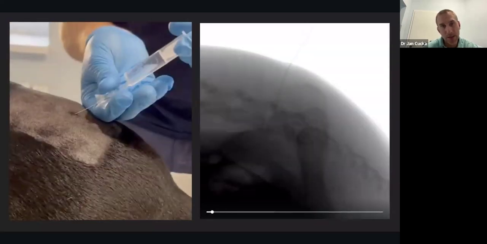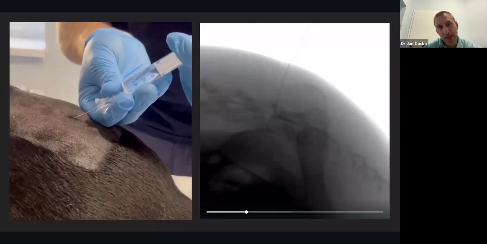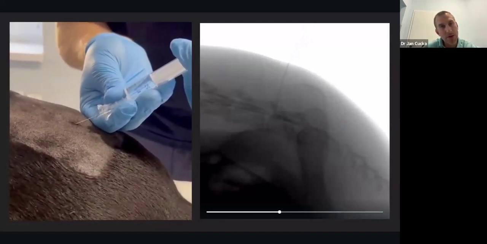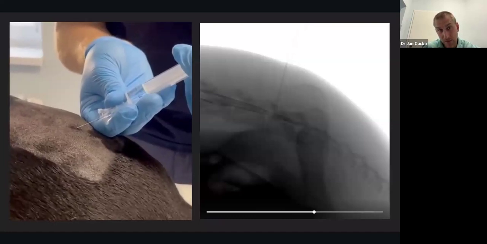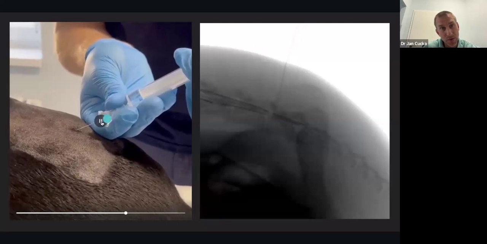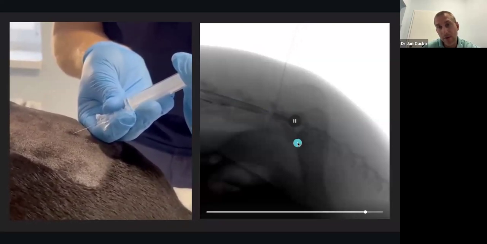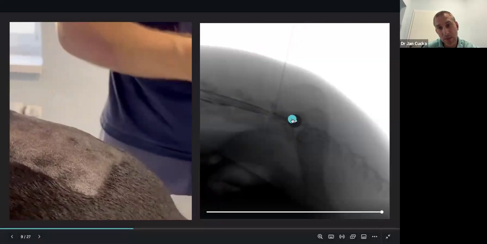The next video is the same, and then there is an application of contrast medium. On the left video, you can see a real application from the syringe through the spinal needle into the channel. And on the right side, there is a synchronized video of the application.